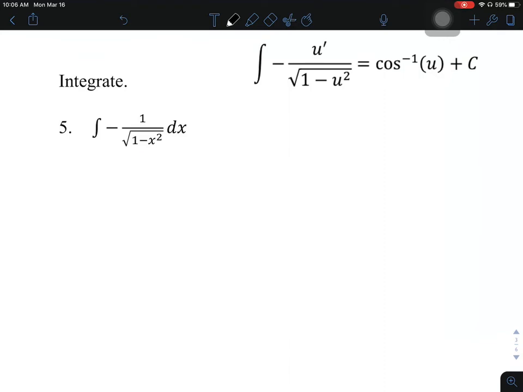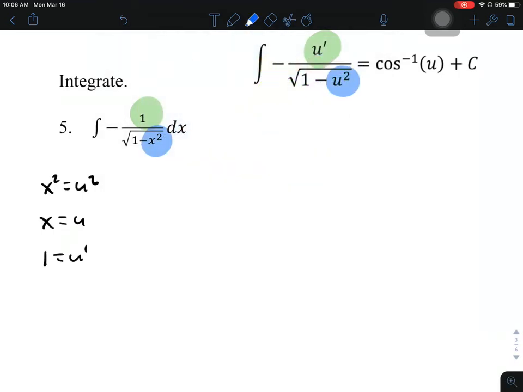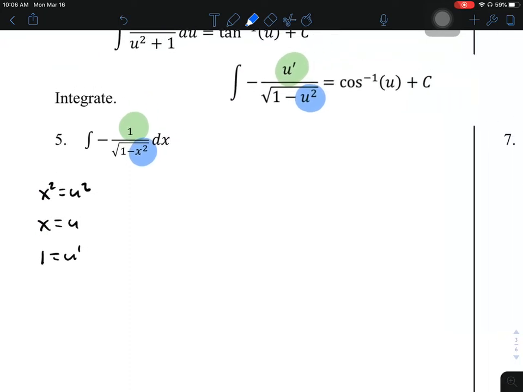So it's probably pretty obvious to you that x squared is definitely in the exact same spot as u squared, which would make x equal to u, which would make u prime equal to 1. So u prime, 1, same spot, that checks out. U squared, x squared, same spot, that checks out.